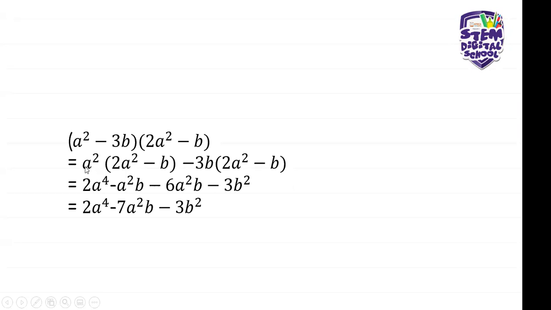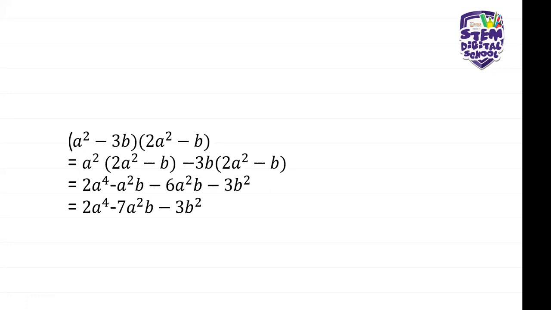And then the second step is to multiply a squared by b, which is negative there. Then you'll have negative a squared b, right? And then you leave your first bracket. Now that you have broken the first bracket, you come to break the second bracket. And how do you break the bracket? You multiply negative 3b by 2a squared. So remember, you now have the two coefficients.